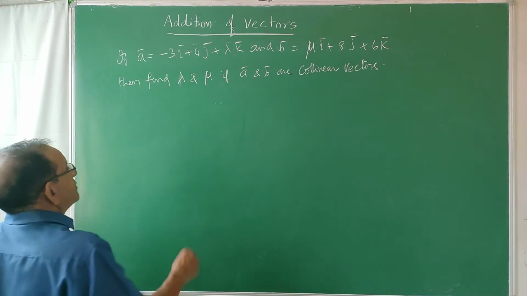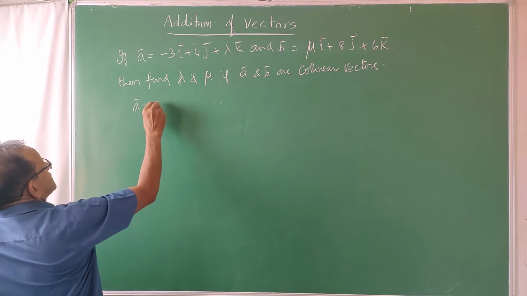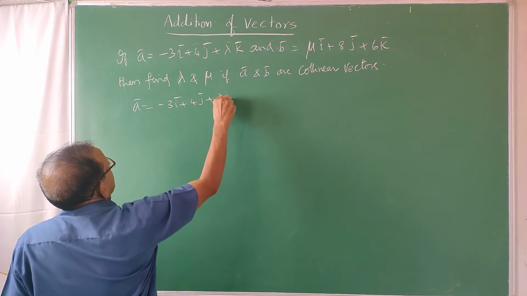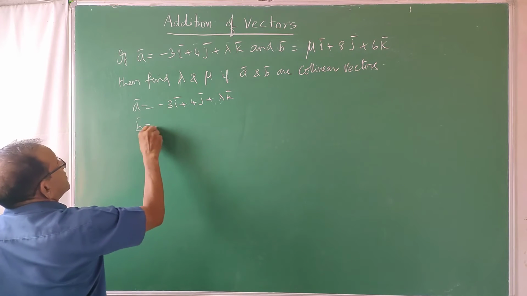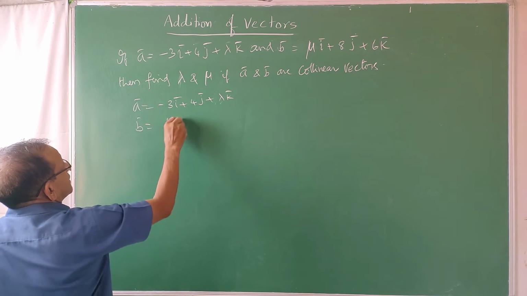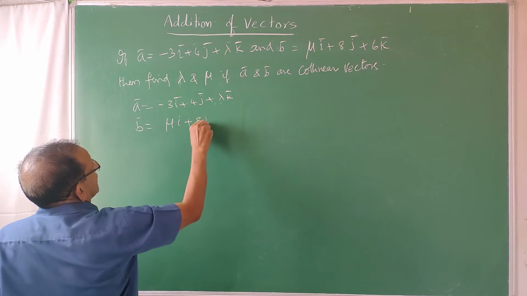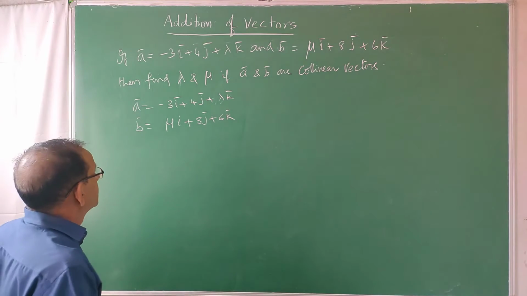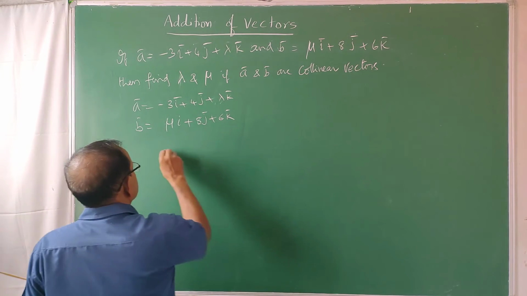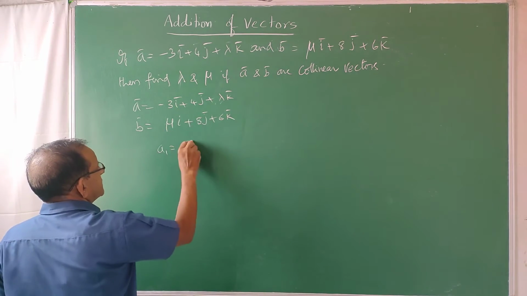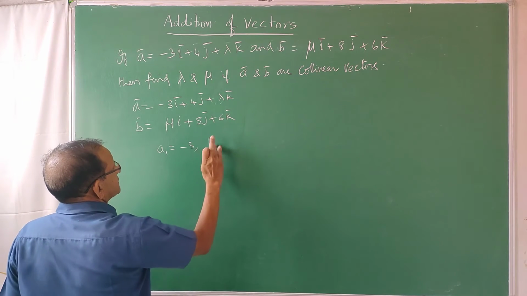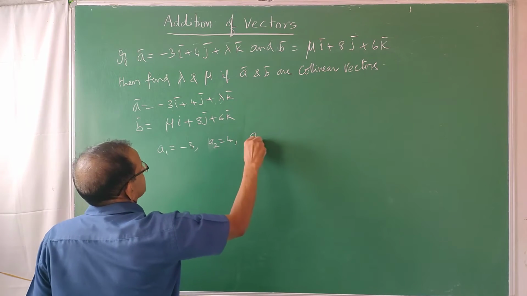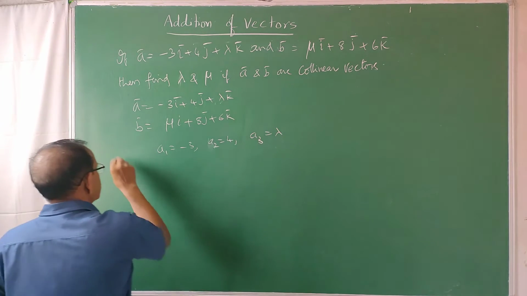Now let us take a bar and b bar first. a bar is minus 3i plus 4j plus lambda k bar, and b bar is mu into i plus 8j bar plus 6k bar. Given that, a1 is equal to minus 3 from the first vector, a2 is the j bar coefficient, that is 4, and a3 is equal to lambda.